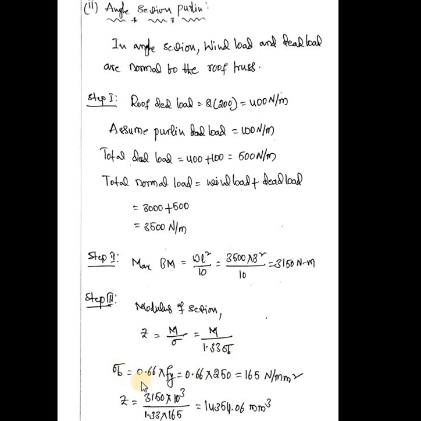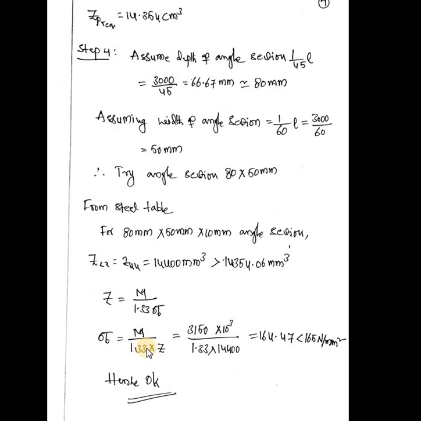Here sigma b is equal to 0.66 into Fy, that is equal to 165 Newton per mm square. Finally we will get the Z value. Z is equal to M, already we got the M value, M by 1.33 times 165, we got 14354.06 mm cube. This is about bending stress calculation.